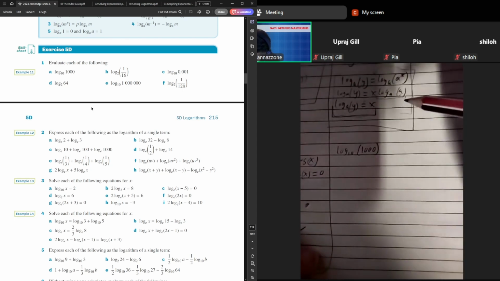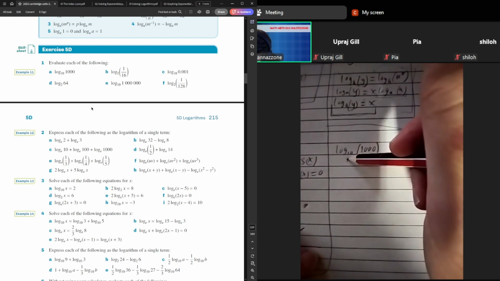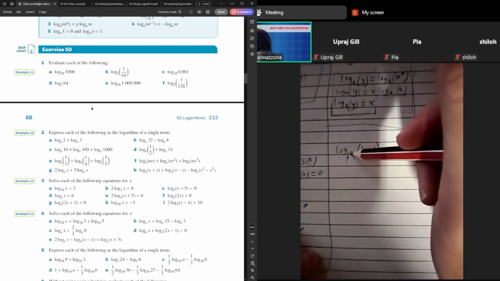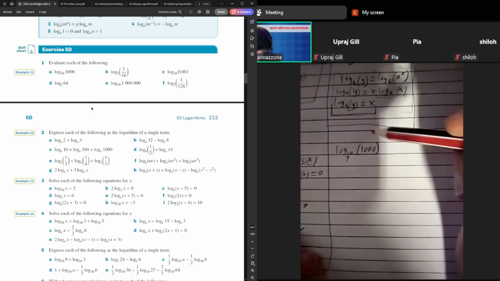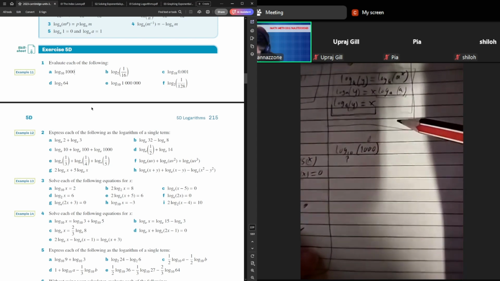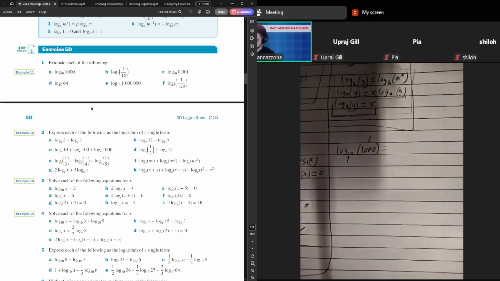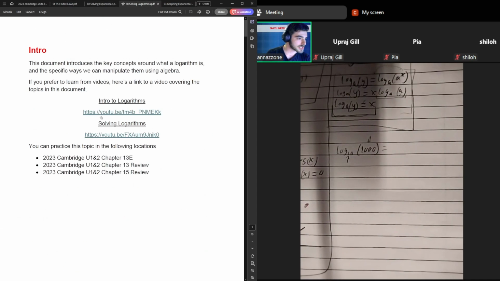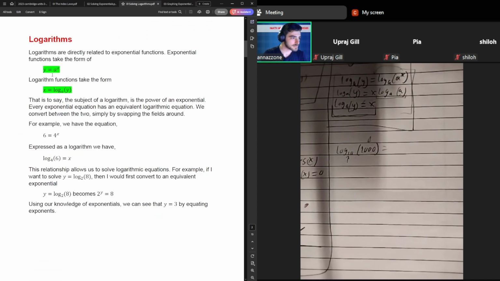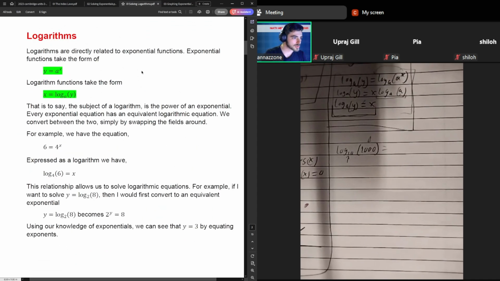One way is to think, this is my base, and what power do I have to raise this base to make it equal this thing? That's fundamentally what logarithms are. If you ever forget how that works, then you can just go straight to the conversion formula for exponential direct to logarithm. I'm not particularly fussed which way you want to do it.